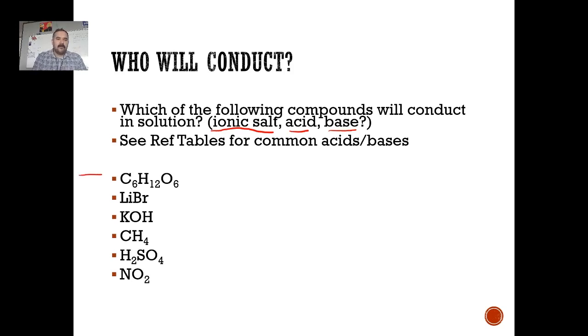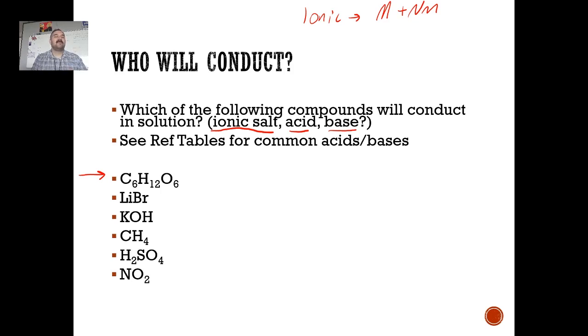So over here, we have glucose. Is glucose an ionic compound? Why not? What is an ionic compound? Ionic is going to be a metal plus a non-metal. So do you see a metal in C6H12O6? Is it ionic? No, it's not. Is it an acid? What do acids start with? So acids start with H. This is not an acid. Is it a base?